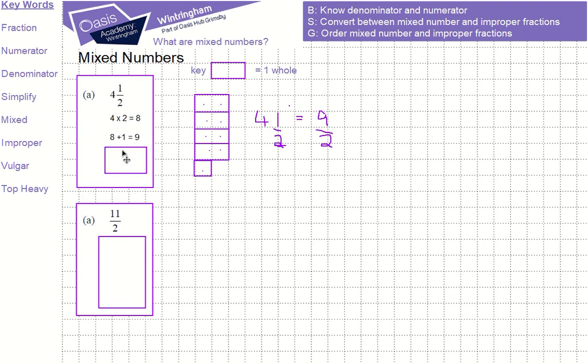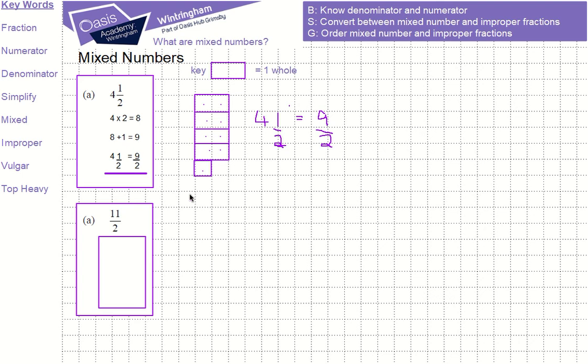My second line of working out, as well as these 8 halves in this whole number 4, I've also got this extra half to the side. I've got 1 extra half. So I'm taking the 8 that I've just found out and I'm plussing 1 this time to give me 9. And we get the same answer, 4.5 equals 9 over 2.